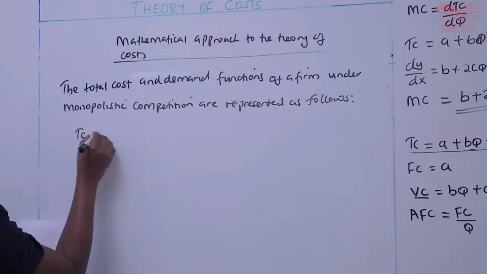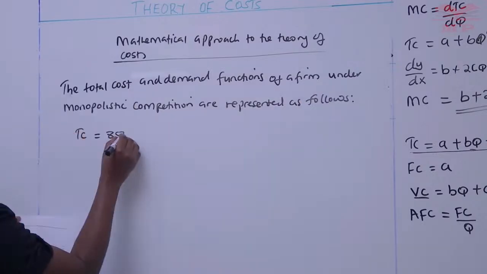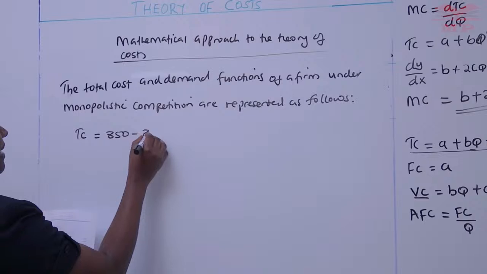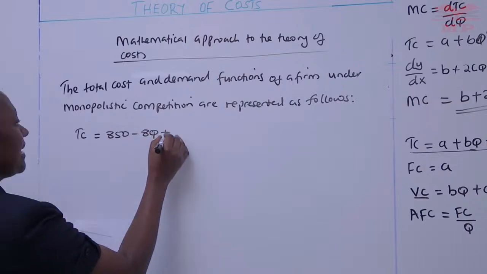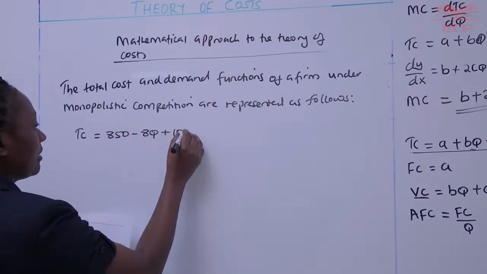Total cost equals 850 minus 8Q plus 10Q squared.